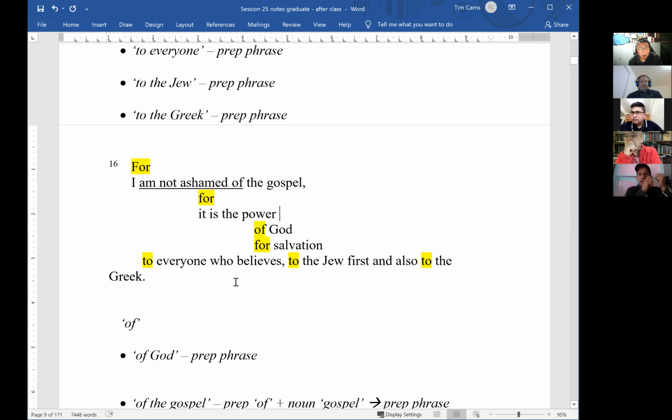Tim? Yeah. I'm looking at my NASB Greek English interlinear, using Olive Tree. The preposition of is joined with the Greek word under it.